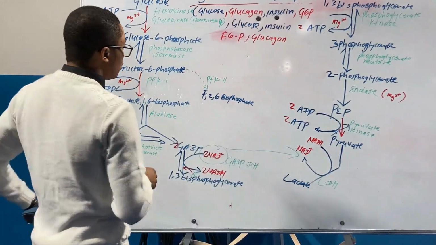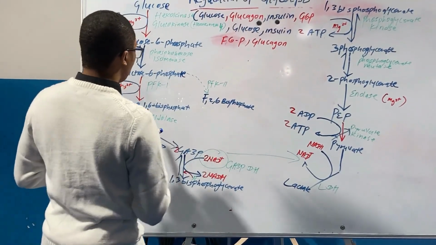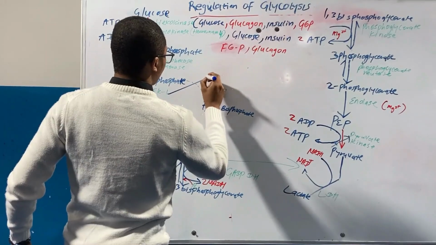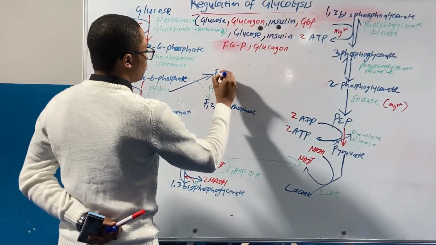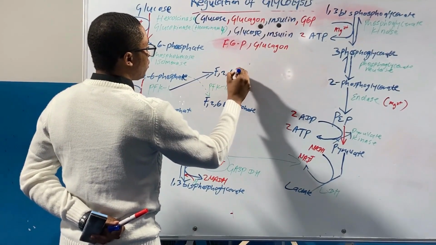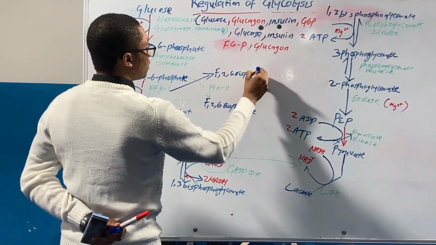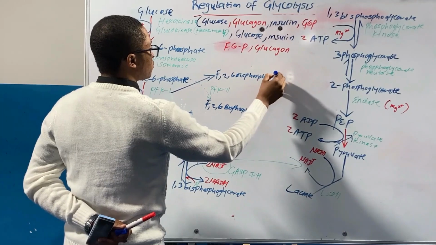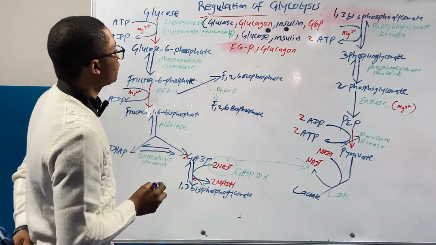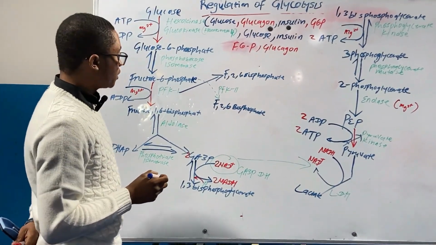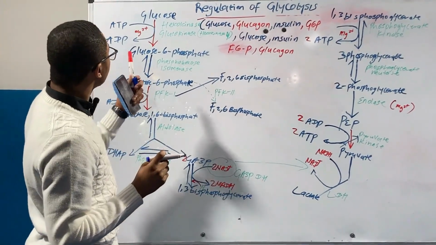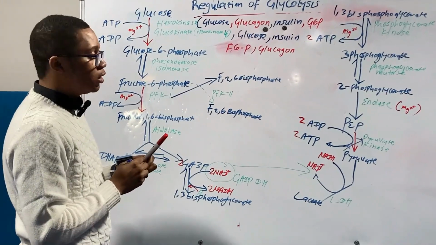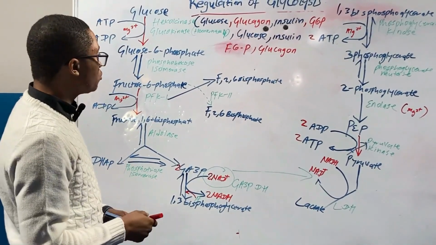So the stimulator of this enzyme is fructose 2,6-bisphosphate. Now, what happens when the level of glucose in the human body drops? Glucagon will be released.